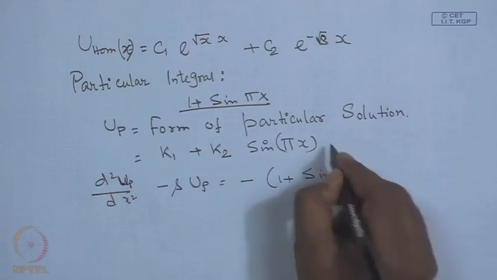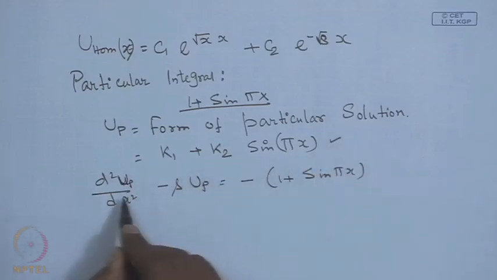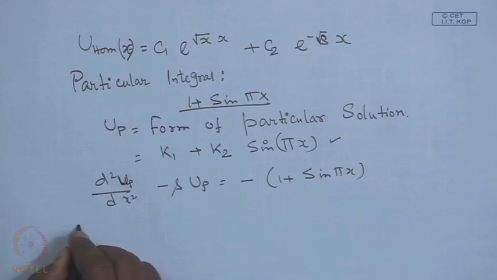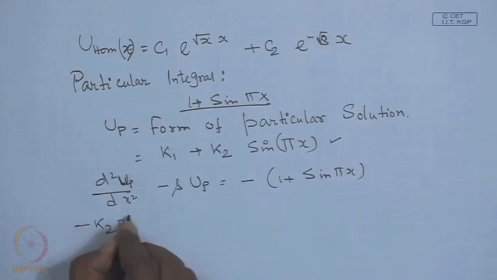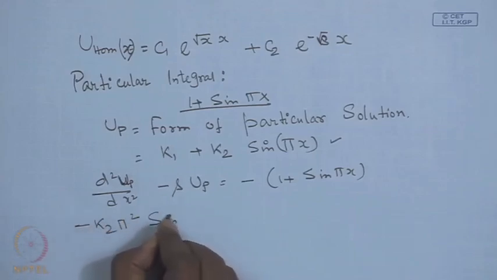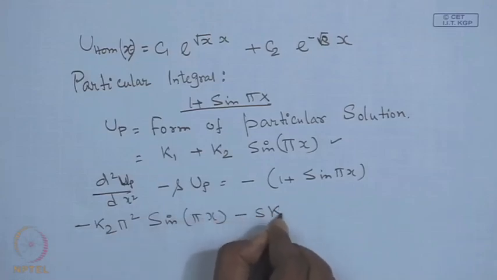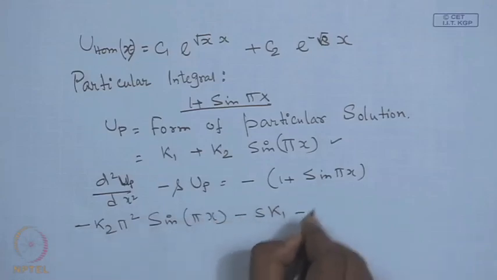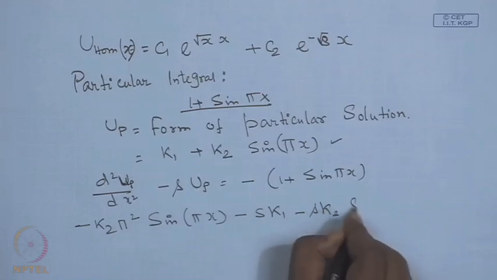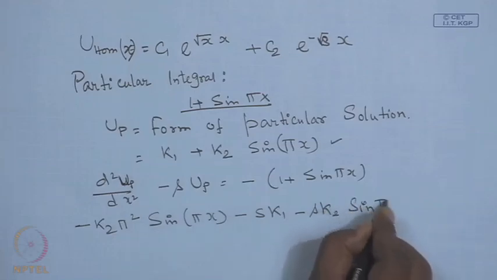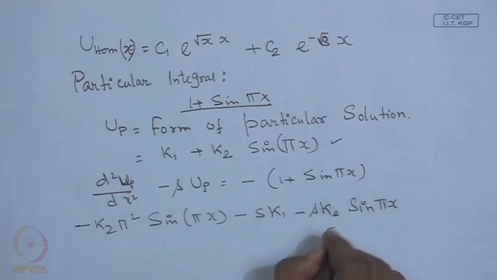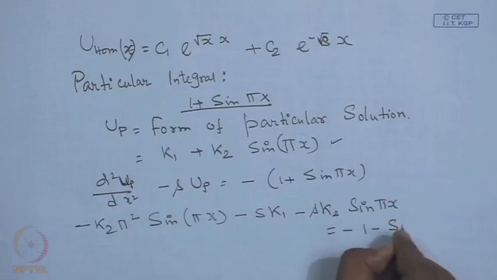Now, this solution must satisfy this equation. If we put it there, this becomes minus k2 pi square sin pi x minus s times k1 minus s k2 sin pi x is equal to minus 1 minus sin pi x.